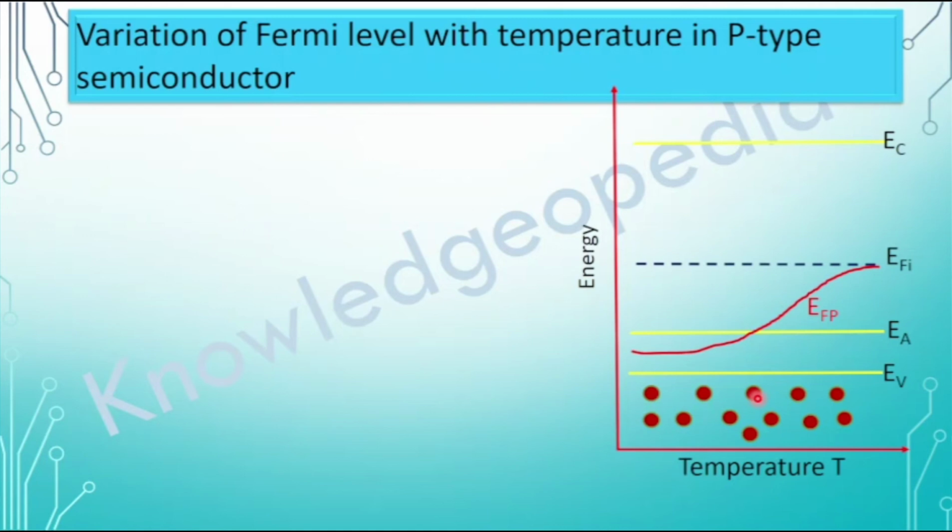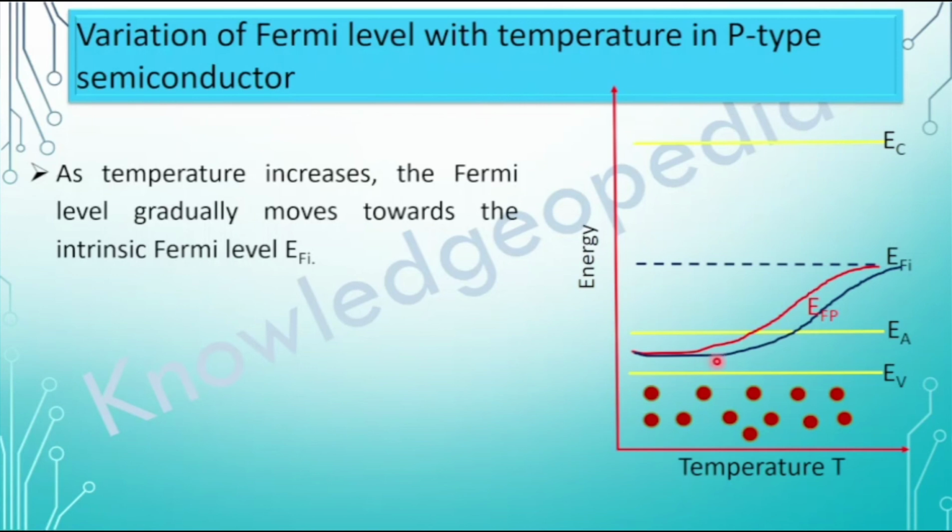If more electrons need to move from the valence band to the conduction band, that means the temperature should be more. Thus, if I am increasing the dopant concentration, the trend will be the same, but it will start at a higher temperature and it will move to the Fermi energy at a higher temperature compared to the previous one.